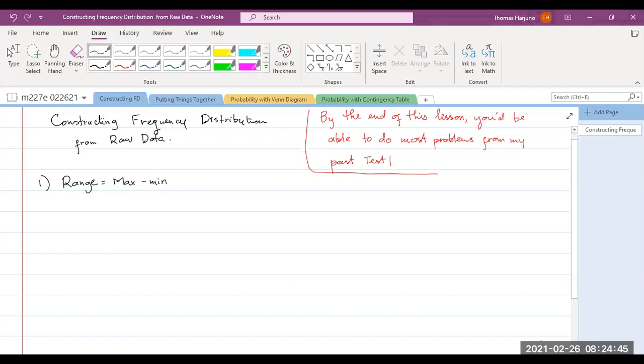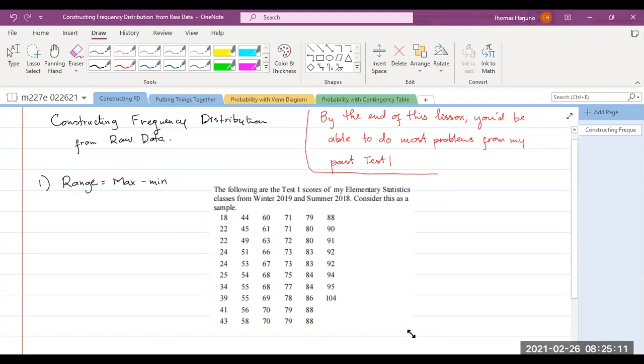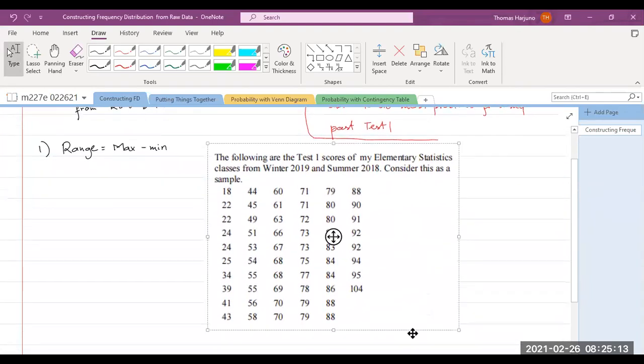Let me pick one problem from the past. Give me a second. Let me use this one. Enlarge that a bit. Okay, I hope we still can see it.